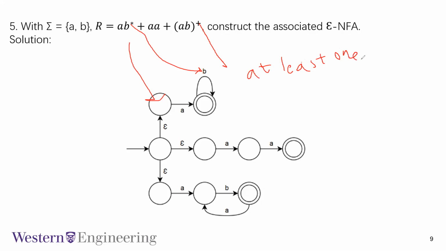So it's different from the star operation, and you need to make sure that at least one pair of A and B is accepted.